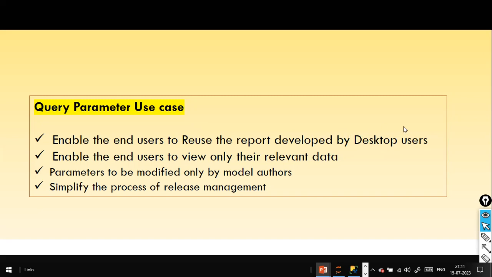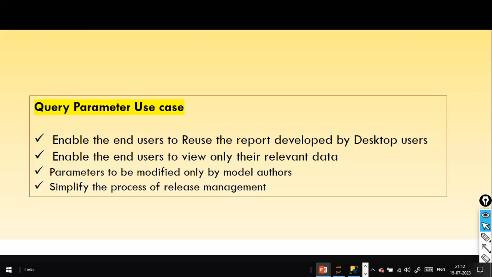What do you mean by reusing the same report? For example, you have developed a report wherein they can view any specific region data. With query parameter, we can restrict the users to view only their respective regions, but for North region and South region, for each region, you are not creating different reports.